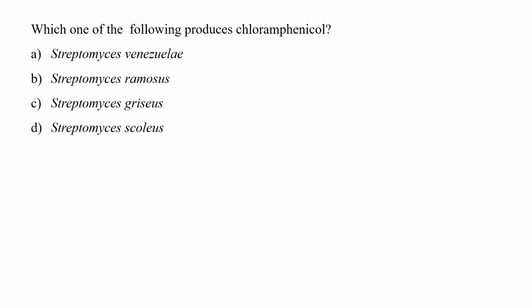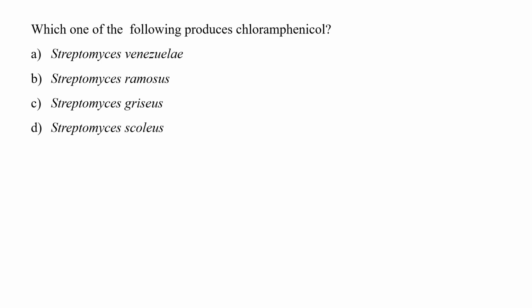So now the question is, which one of the following produces chloramphenicol? So four options are given, as different species of Streptomyces produce different antibiotics. So the chloramphenicol is produced by Streptomyces venezuelae, that is option A. This chloramphenicol is used as it inhibits the protein synthesis.